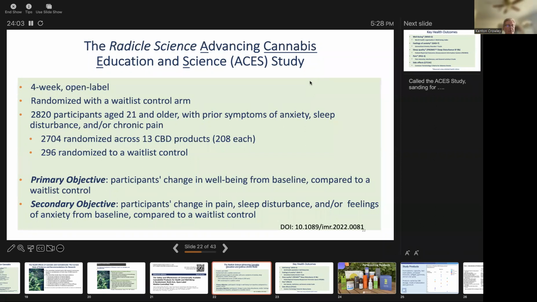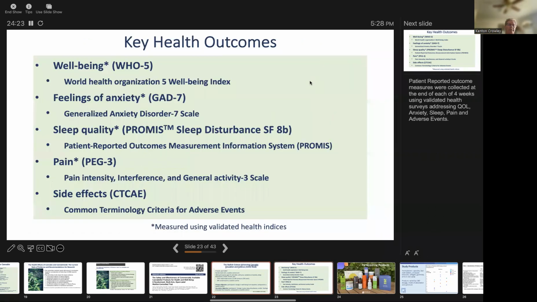The primary objective was to document a change in well-being from baseline compared to the control, and secondary is to document a change in pain, sleep disturbance, and/or feelings of anxiety from baseline compared to the waitlist control.